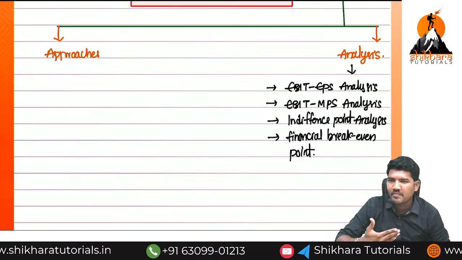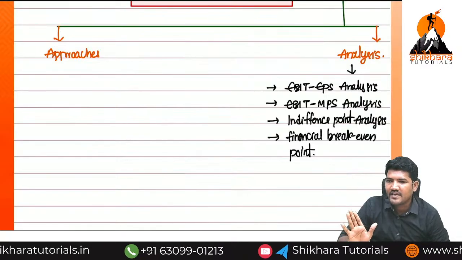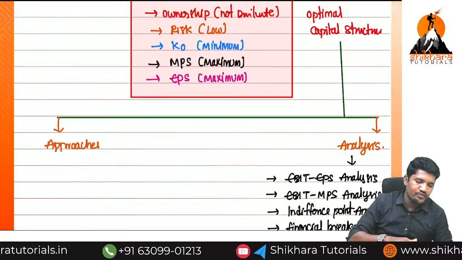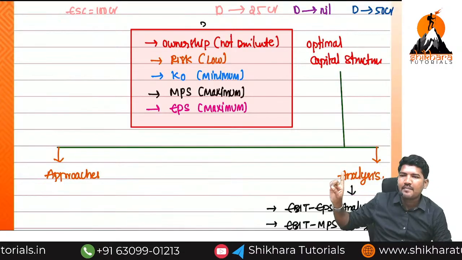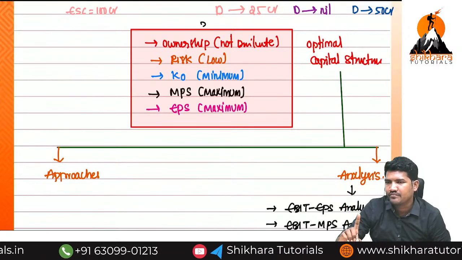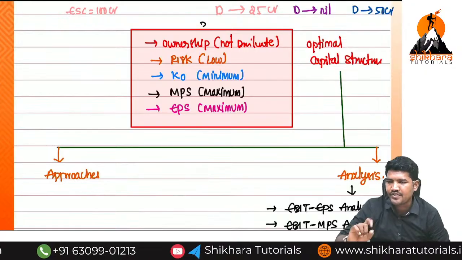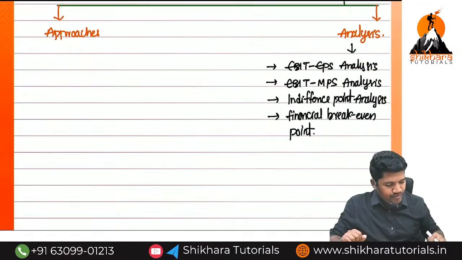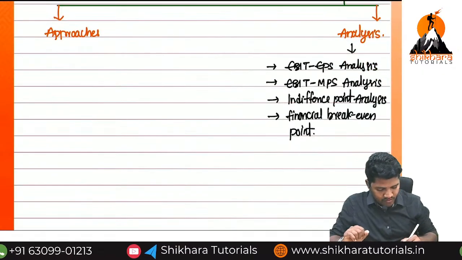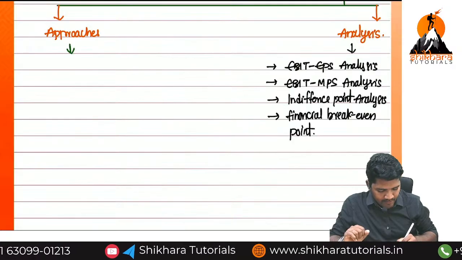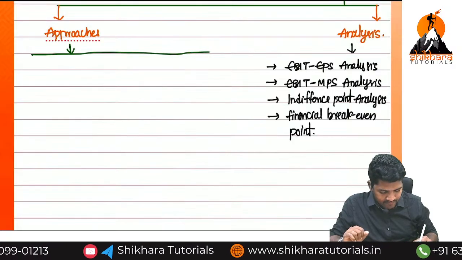There are a lot of problems in inter stage. Guys, clear? But the analysis is used for the proofing of what? Optimal capital structure. Now when it comes to approaches, based on these approaches we have multiple problems in our material from a final point of view.